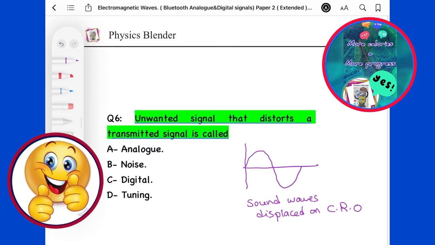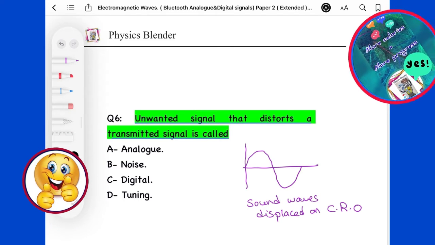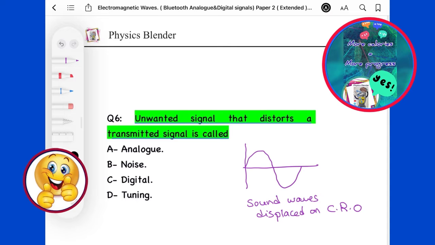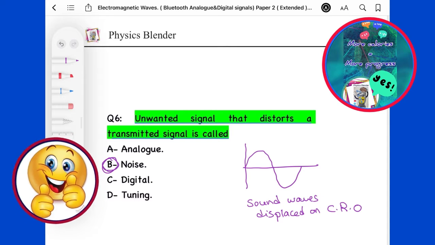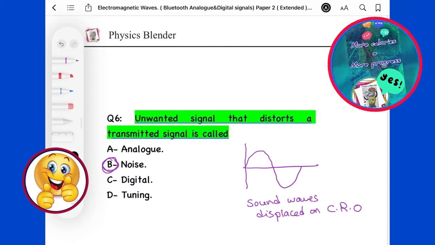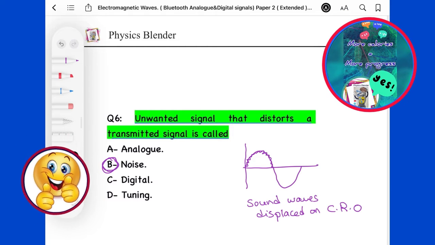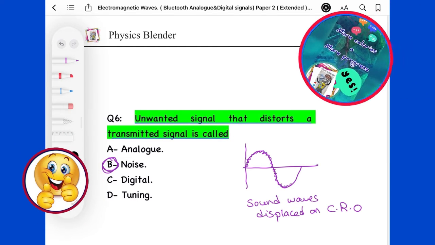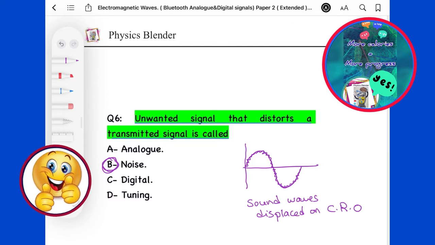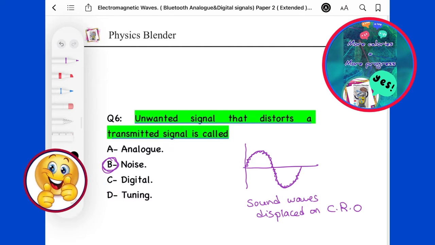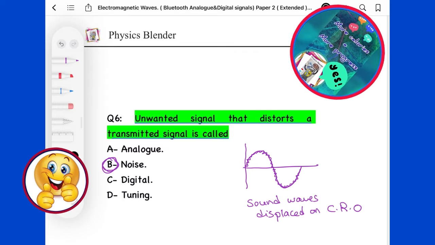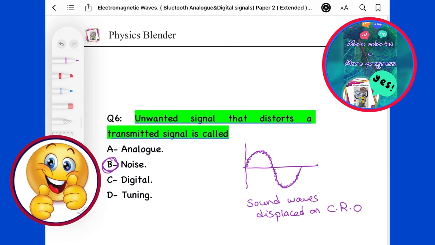Unwanted signal that distorts a transmitted signal is called noise. Okay, sometimes you can see this signal is distorted. What do you mean by distorted? It's not accurate. It can be different from the original one and so on.